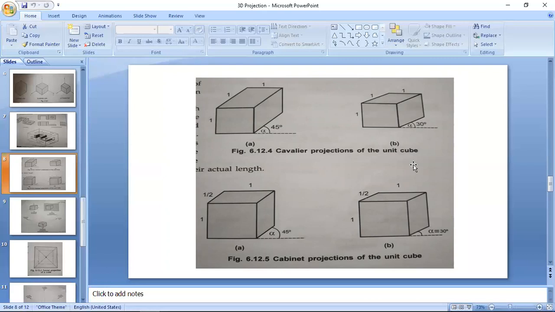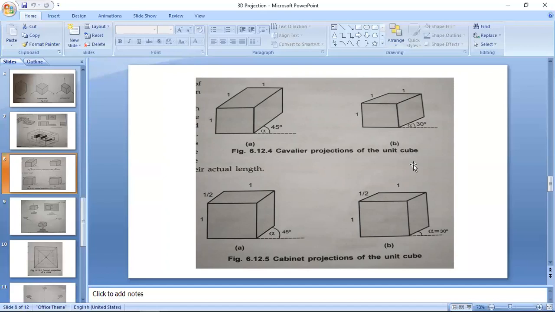So the oblique projections are of these two types. For Cavalier projection, the direction of projection makes a 45° angle with the view plane. As a result, the projection of a line perpendicular to the view plane has the same length as the line itself. That is, there is no foreshortening. Okay.